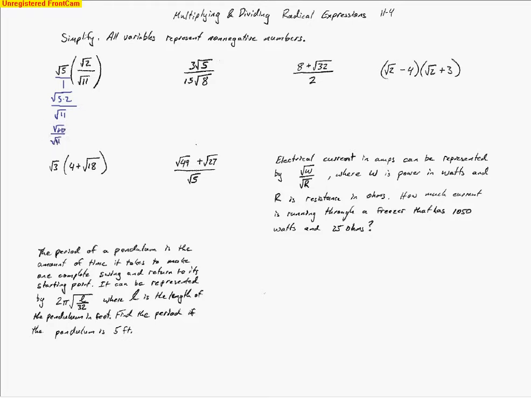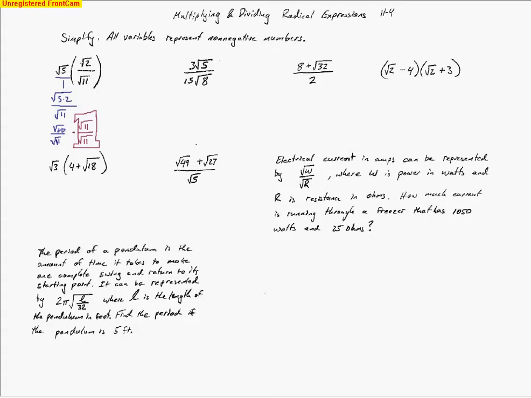We want to rationalize the denominator, which we talked about before. So we're going to multiply by 1, because 1 doesn't change the number. However, we can write 1 many different ways. One of those ways is the square root of 11 over the square root of 11. The 11 times 11 will make a perfect square.